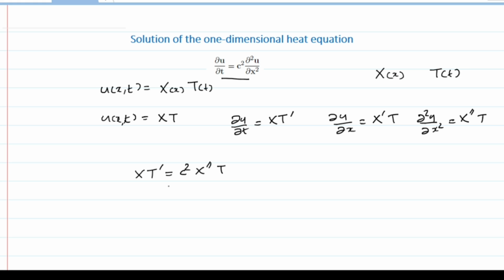Okay, so we can take variables on one side. We divide throughout by XT.